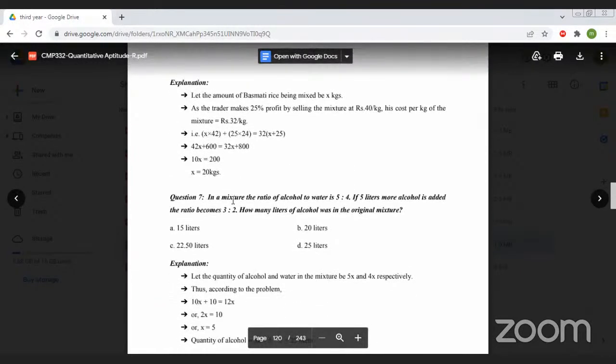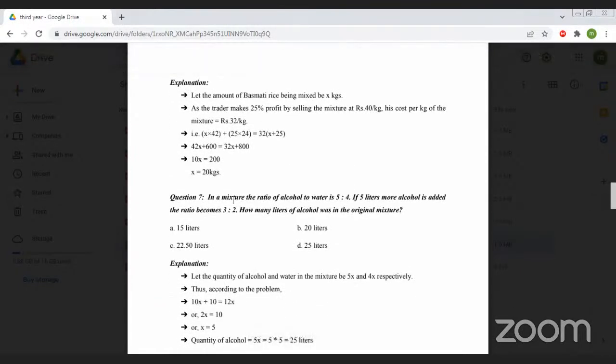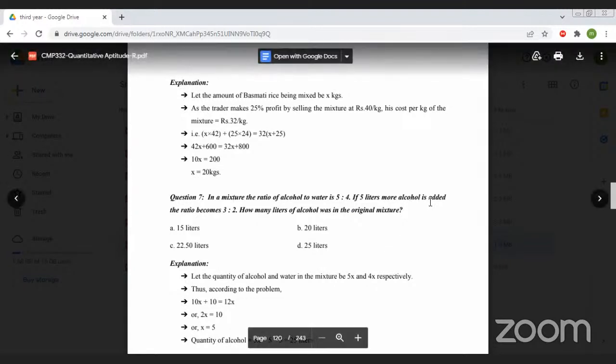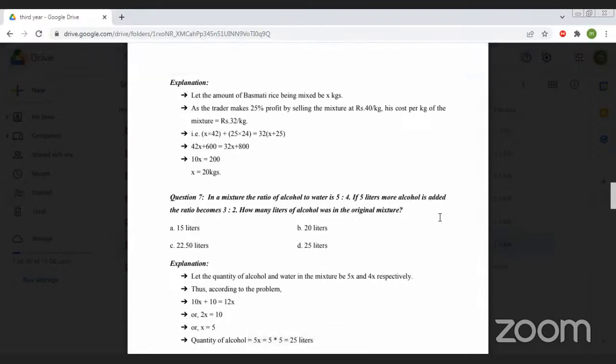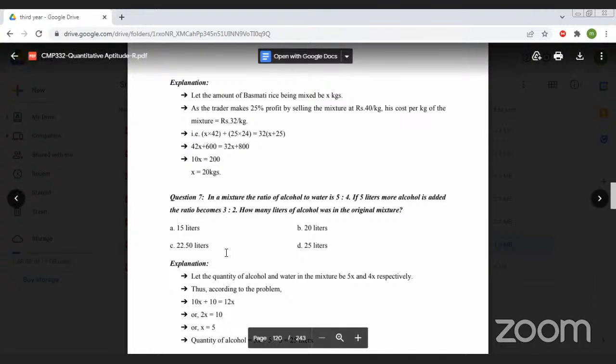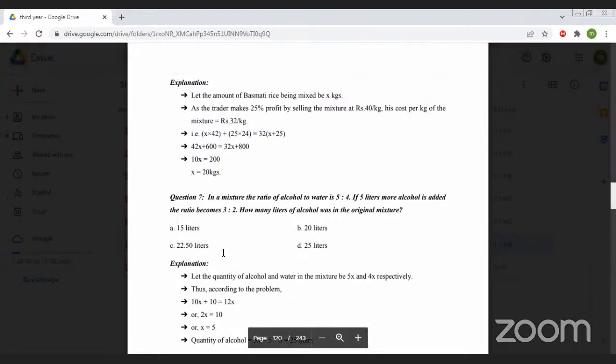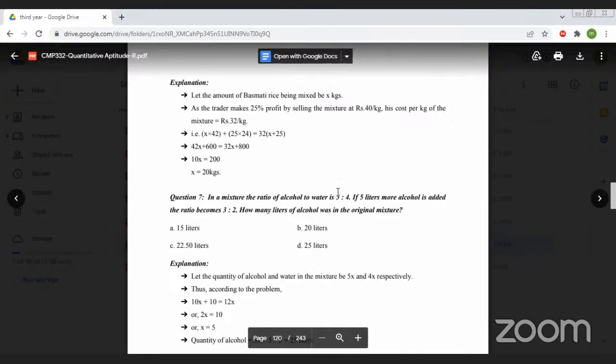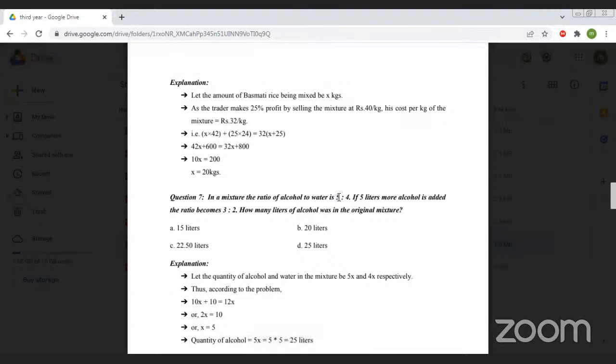Let's take this. In a mixture, the ratio of alcohol to water is 5 is to 4. If 5 liters more alcohol is added, the ratio becomes 3 is to 2. Now originally the ratio is in which form? So this will become 5x and 4x.